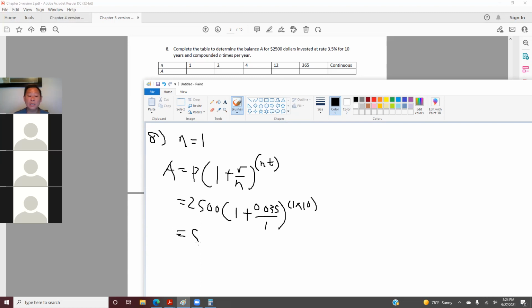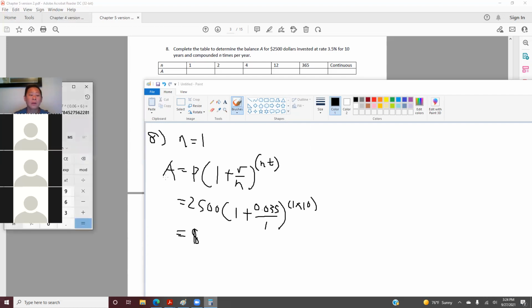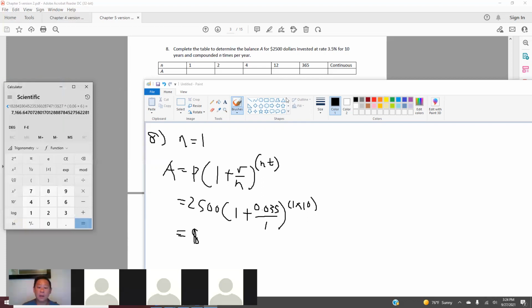Now, because all of this is money, you have to do it in 2 decimal places, to the nearest cent. So take out your calculator. Again, make sure you know how to calculate this.